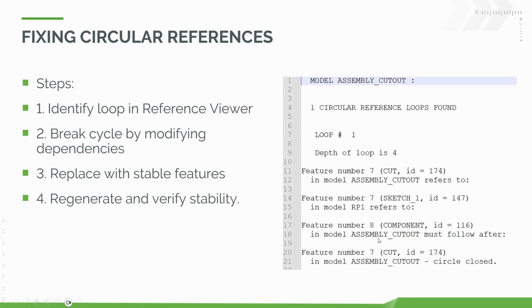Just need to be careful there though, because sometimes even if you delete a part out of an assembly, there's still going to be a feature within that part that's got some external reference. So really, try and understand what you've got before you go and just try and quickly solve it.